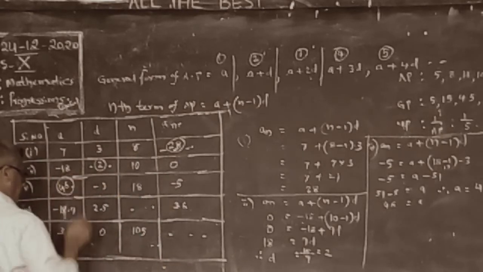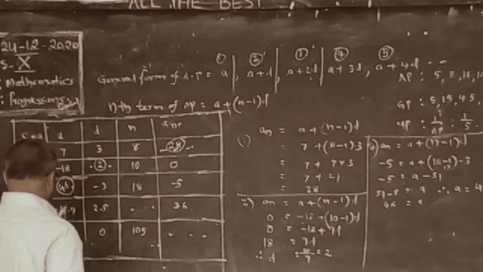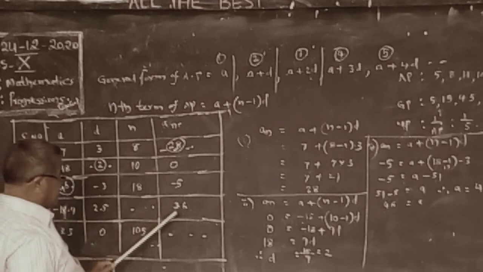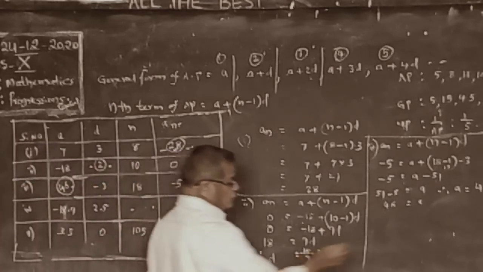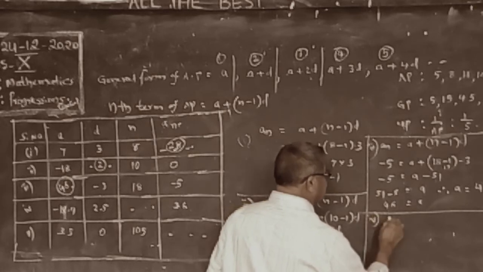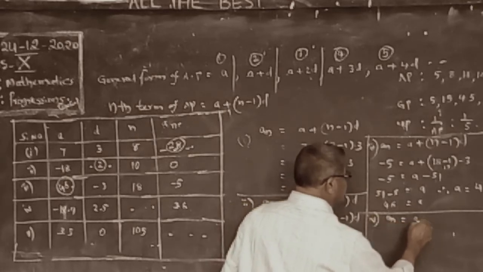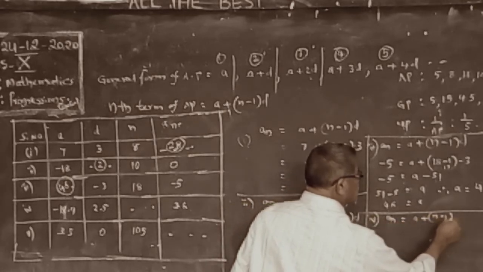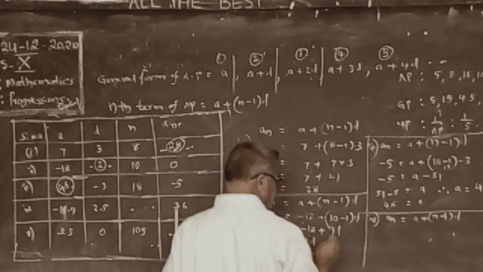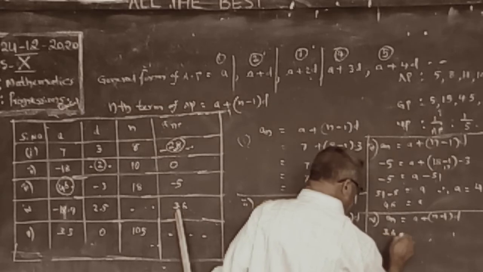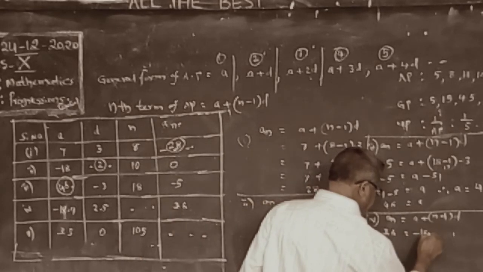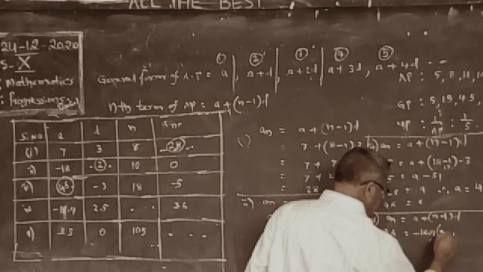Like this, in the fourth problem, A is given, D is given, N is not given, and the nth term is given. Apply the same formula and substitute the values. The nth term is given as 3.6, A is minus 18.9, and N we don't know.